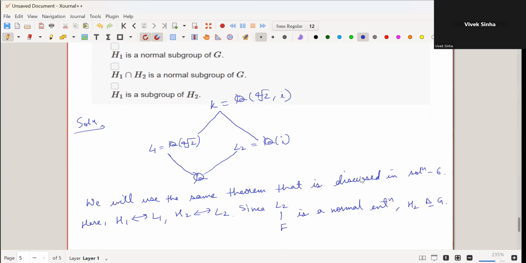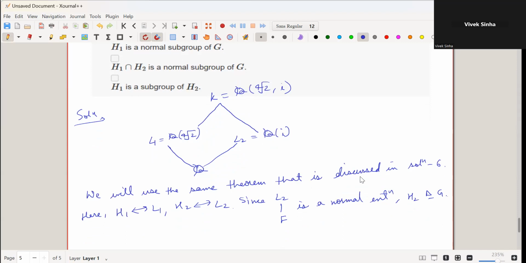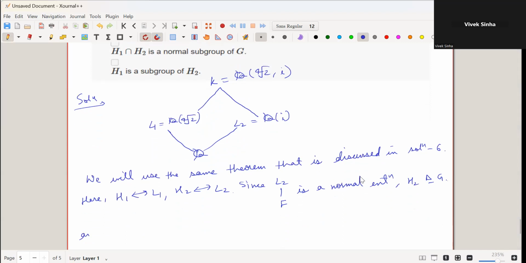And for the second one, since L1 over F is not a normal extension, because it's not the splitting field of the minimal polynomial of fourth root of 2, because fourth root of 2 satisfies x^4 minus 2 over Q, right?